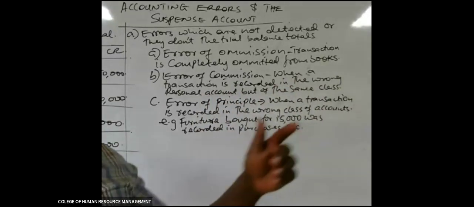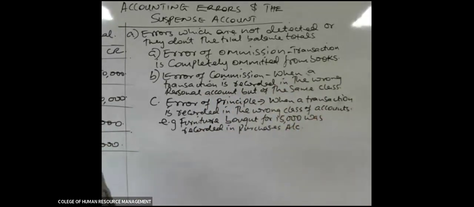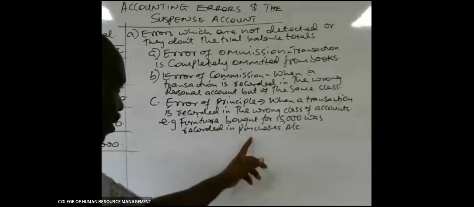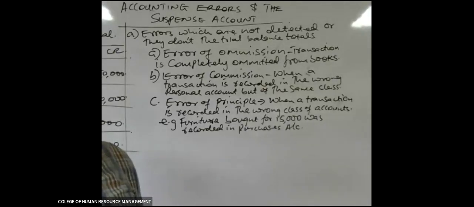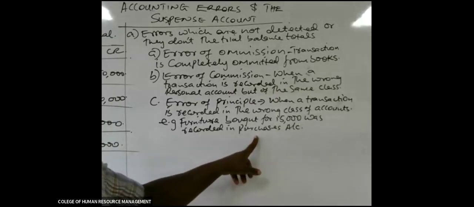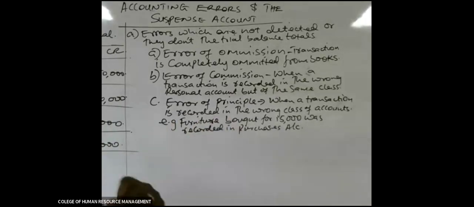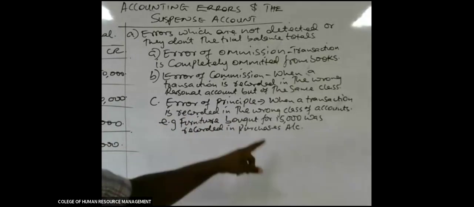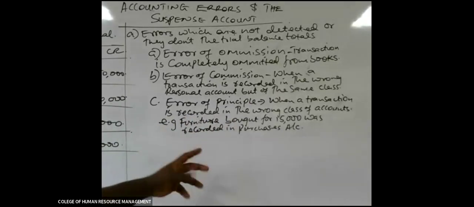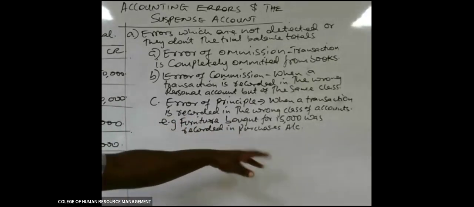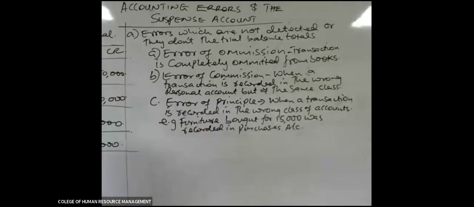If you buy furniture, you put it in the furniture account, not purchases. If you buy a computer, put it in the computer account, not purchases. But when you buy goods, that is when you put that in the purchases account. When you buy stock, that is what goes to the purchases. So this one, furniture and stock, they are completely two different items.